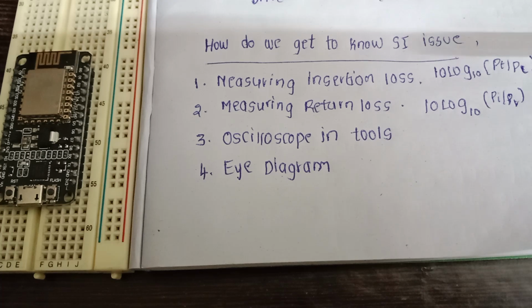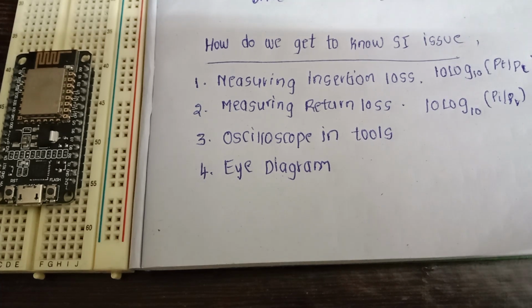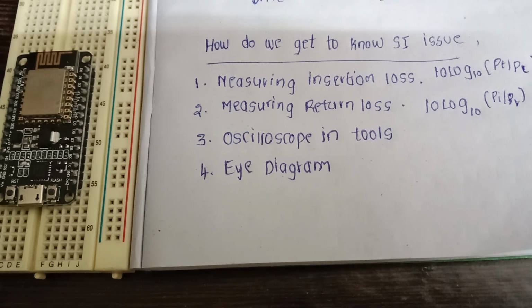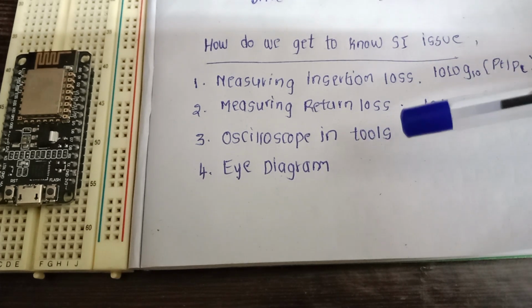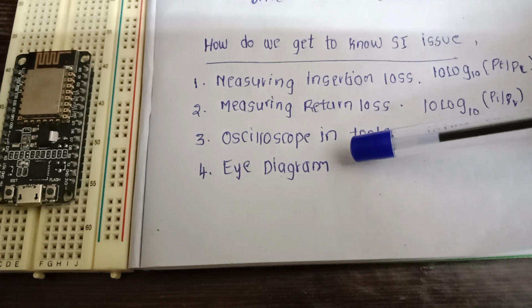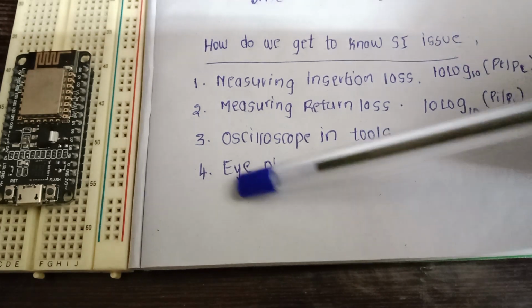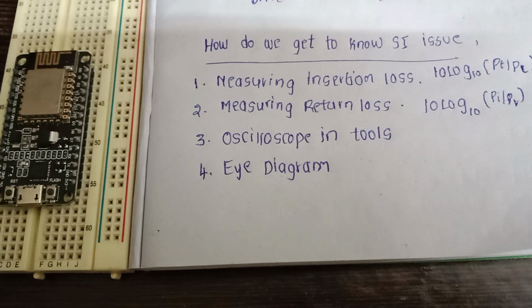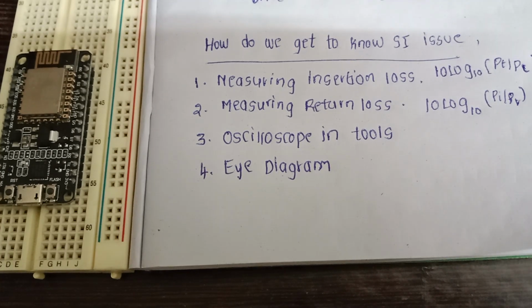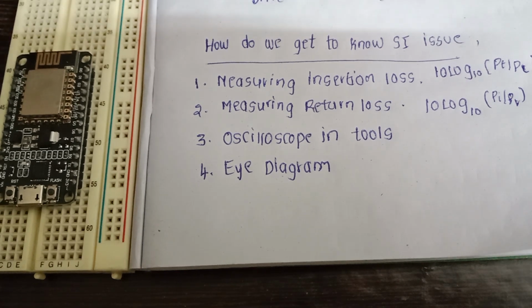Now, if you are not satisfied by just having one signal, one clock transmitted and then seeing that in the oscilloscope, there is another way of checking the channel performance, by using something called an eye diagram. We have talked about this in our videos, and we will talk about it in detail later.